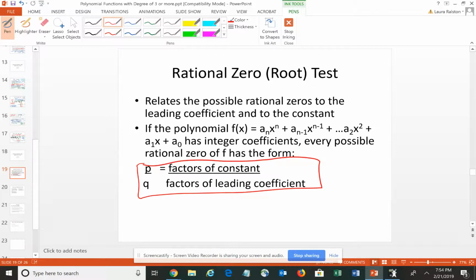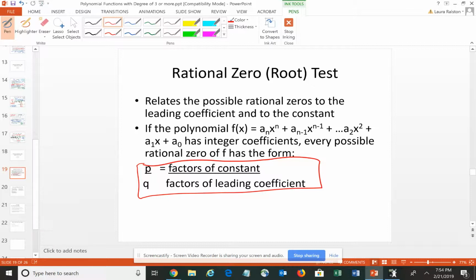Now, the constant is the value that doesn't have an x next to it, and the leading coefficient, remember, is the value that's in front of the highest exponent. And so then you look at that relationship, and it gives you a list of possibilities.